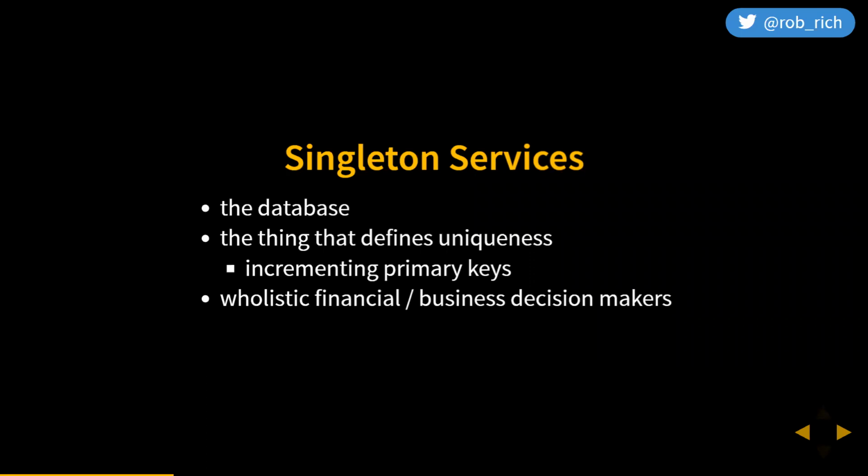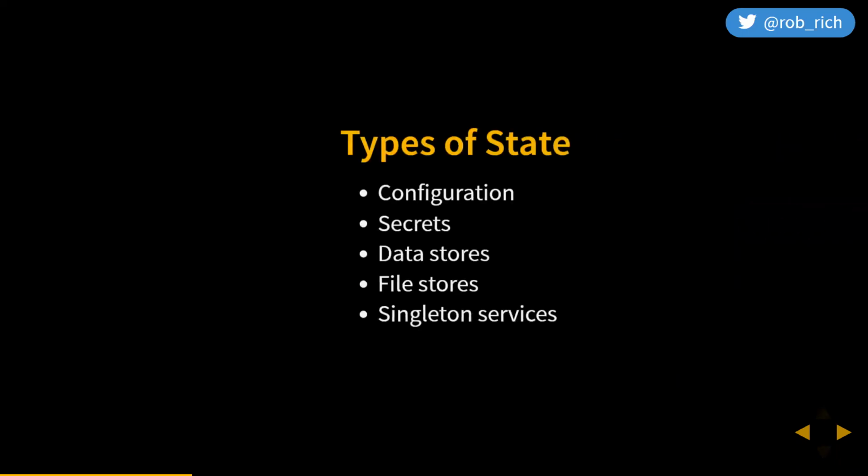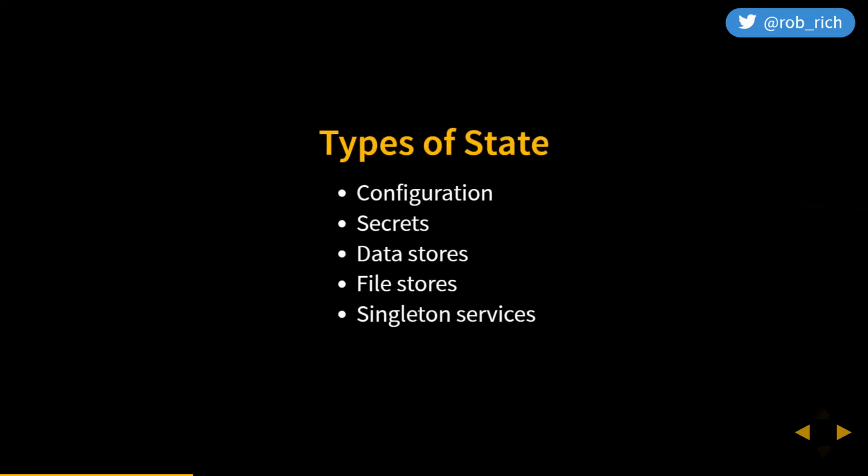And then when that main instance goes away, the others can hold an election to create a new main instance. In Kubernetes, we're going to look at configuration, secrets, data stores, file stores, and singleton services, and the mechanisms that we use in Kubernetes to make these happen.